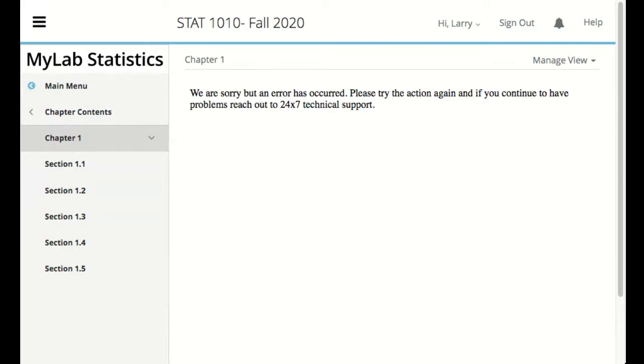Never mind this error. We're sorry an error has occurred. I think I was in too long. So each of the sections covers what we covered in the PowerPoint. There are some little interactive quizzes that you can test yourself on.